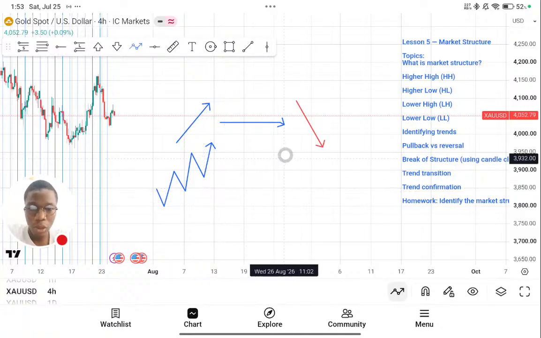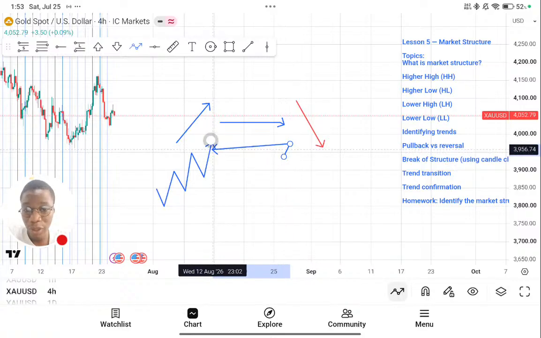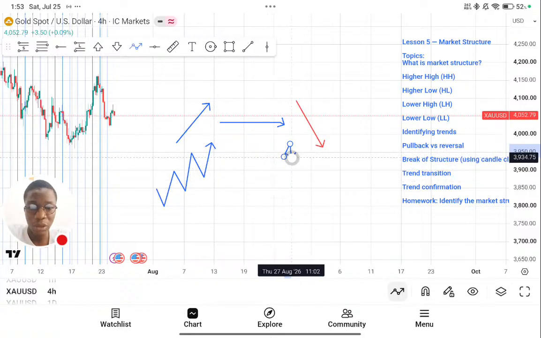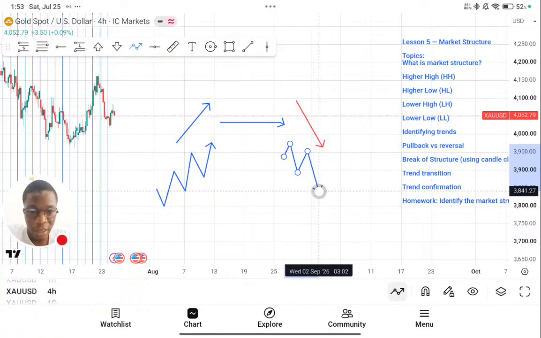So look, what characterizes an uptrend? The market is moving up, all of a sudden it takes out this low, then it comes and it couldn't make a new high. It respects this high and goes down again and makes a new low.